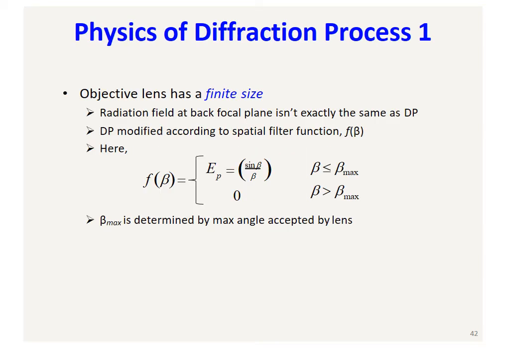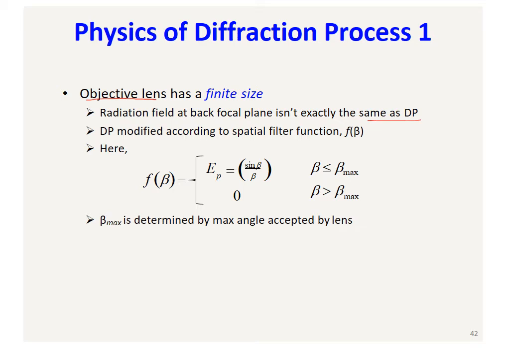We're dealing with a real imaging system that has a finite pupil, or in our simple imaging system, that pupil is going to be the objective lens. So some of those diffracted components are not going to go through the objective lens, and the radiation field at the back focal plane is not the same as the actual diffraction pattern.